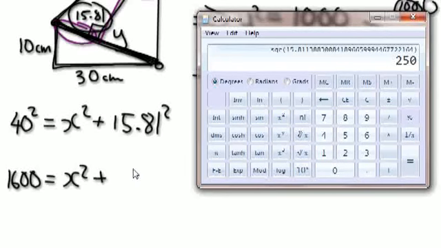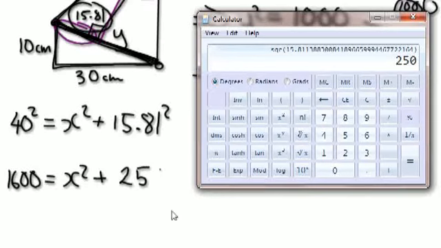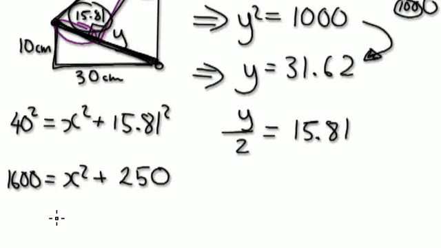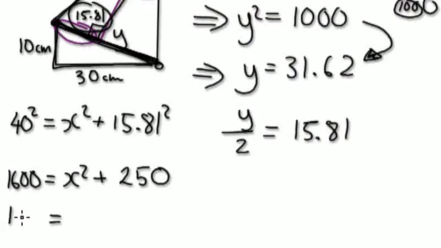This will be about 250. Now take away 250 from both sides. 1600 take away 250 equals 1350, which equals x squared.